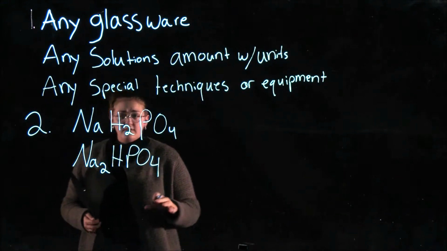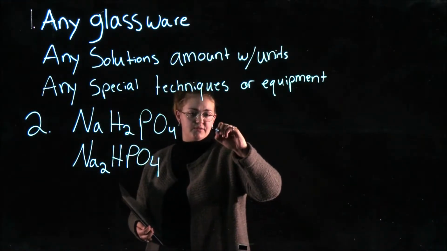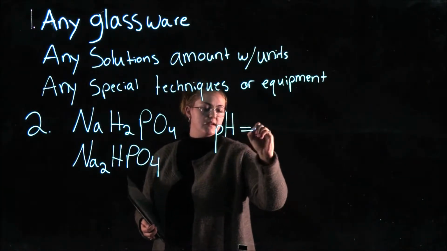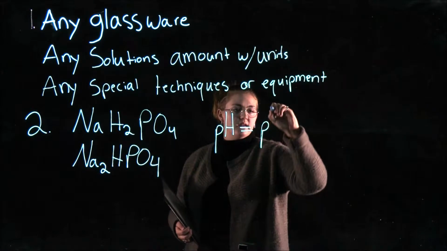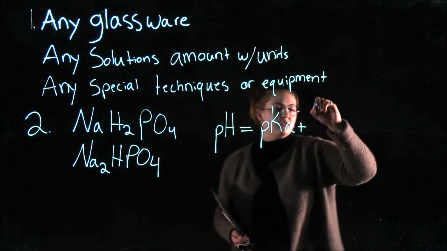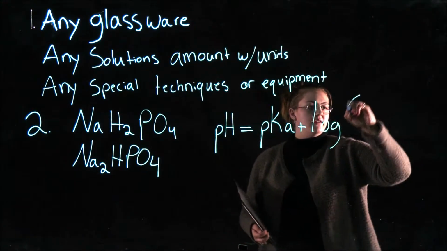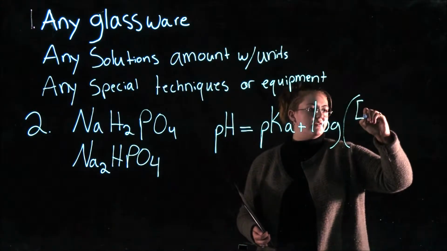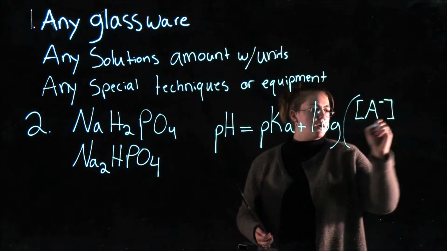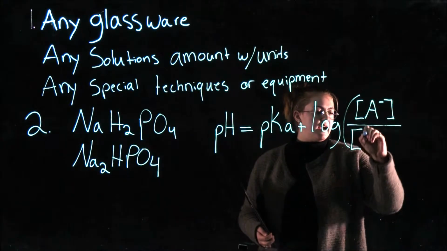What's going to be important for this question is understanding the Henderson-Hasselbalch equation, which is pH equals pKa plus the log of your concentration of your conjugate base over the concentration of your acid.